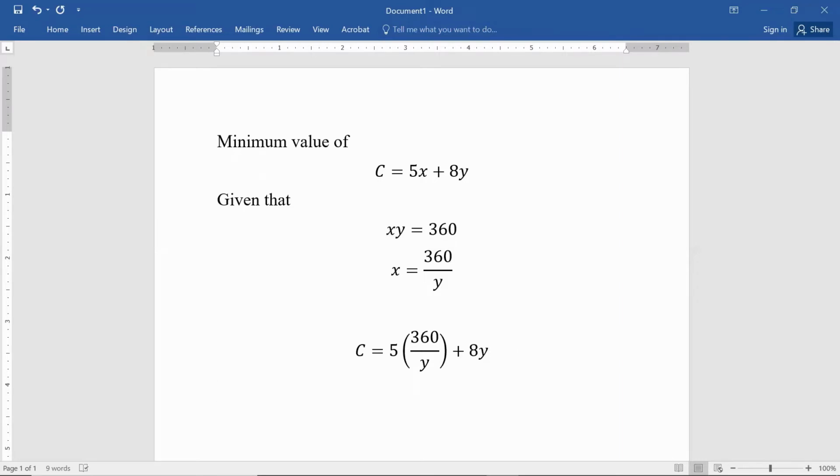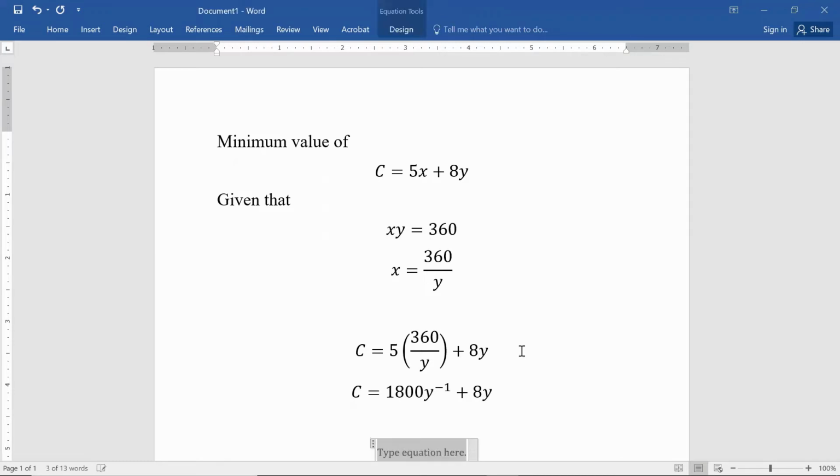At this point, let me rewrite this. The c is equal to 360 times 5 divided by y. I'm going to rewrite that as 1800 y to the negative 1 plus 8y.